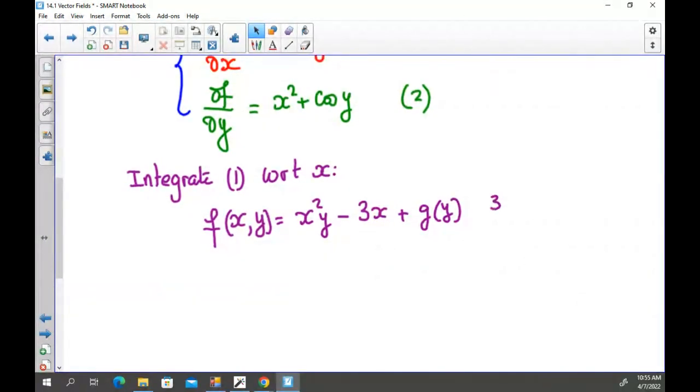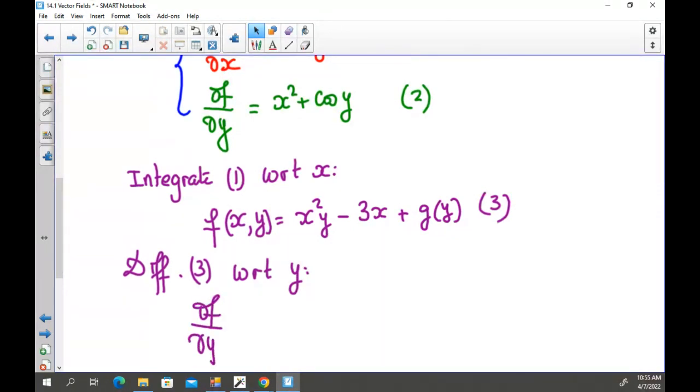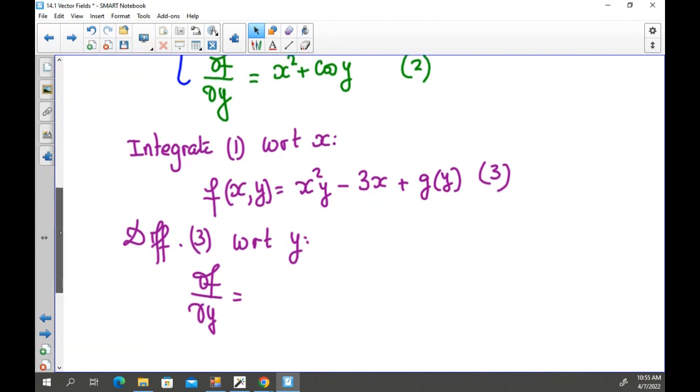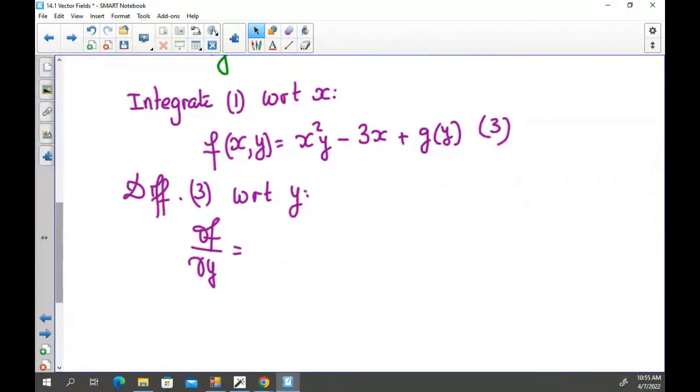After this, what do we do? We differentiate this expression with respect to y. So you will get df over dy on the left side. On the right side, x squared plus the derivative, g dash, of course, the derivative with respect to y.